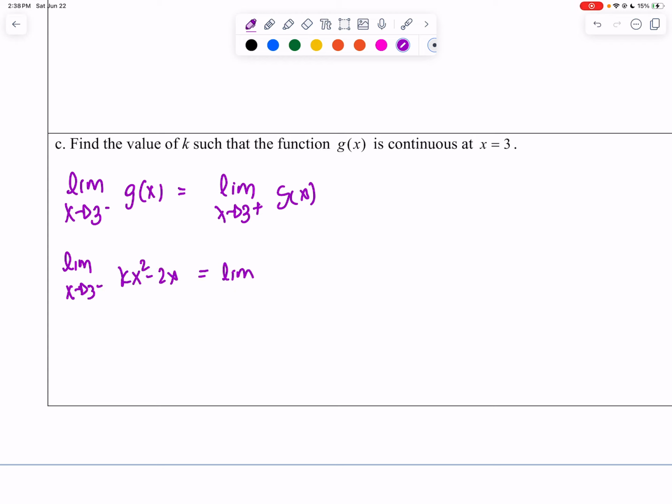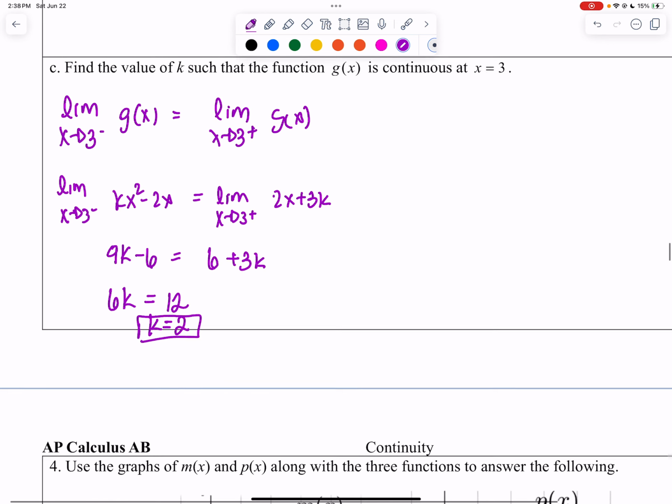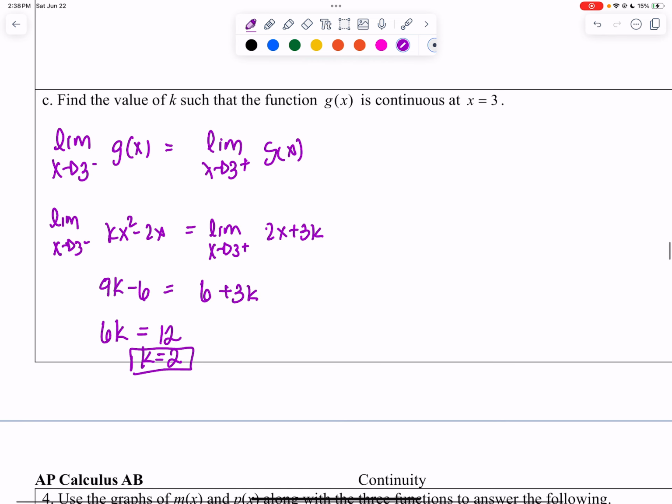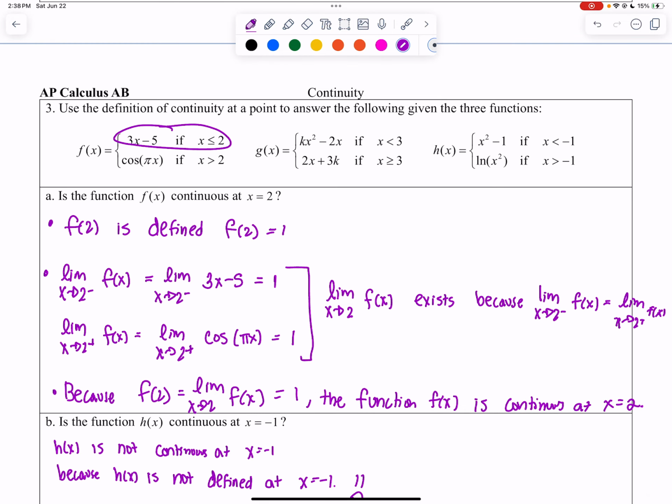And then 3 from the right is going to give me 2x plus 3k. I'm going to plug in 3 now, so that's going to give me 9k minus 6 is equal to 6 plus 3k. I'm going to subtract the 3k, that's going to give me 6k is equal to 12, which means that k is equal to 2. So k is equal to 2 will give me g of x being continuous at x equal to 3.